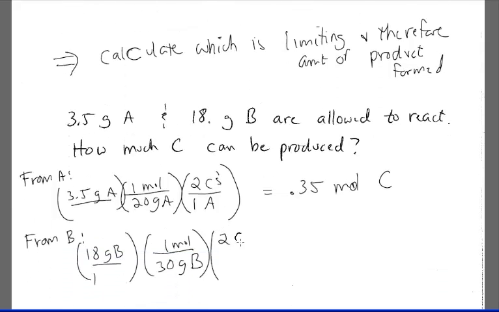So 2 C's, and remember these are really moles, per 3 B's. So we do the multiplication and we get 0.40 moles of C produced from B.